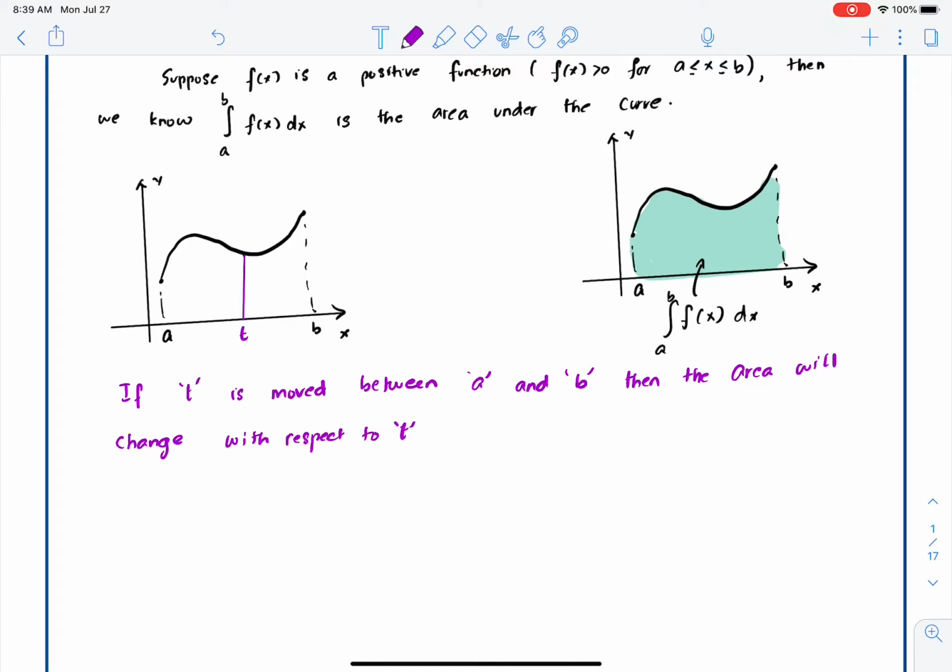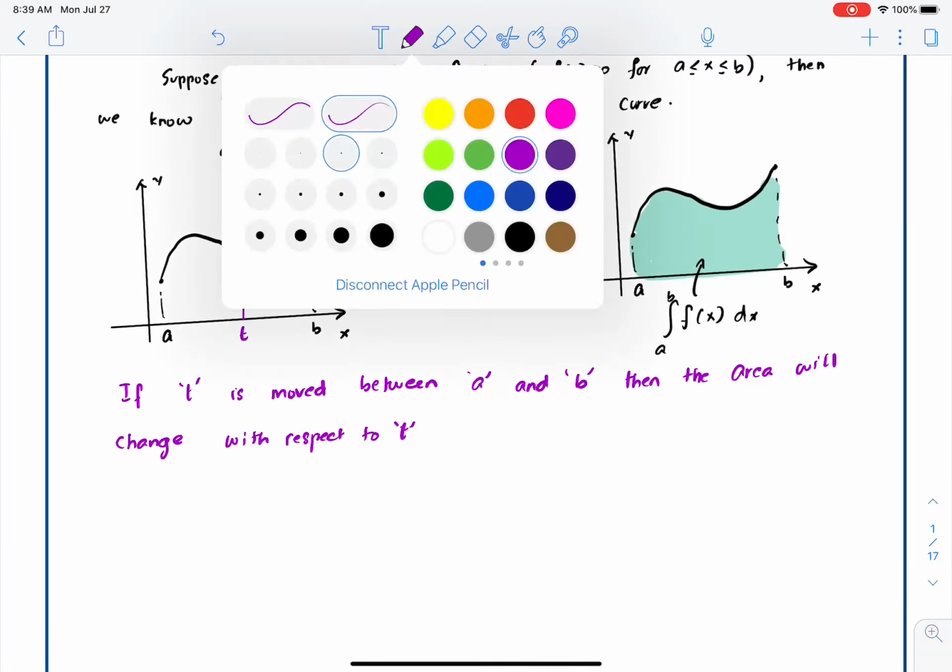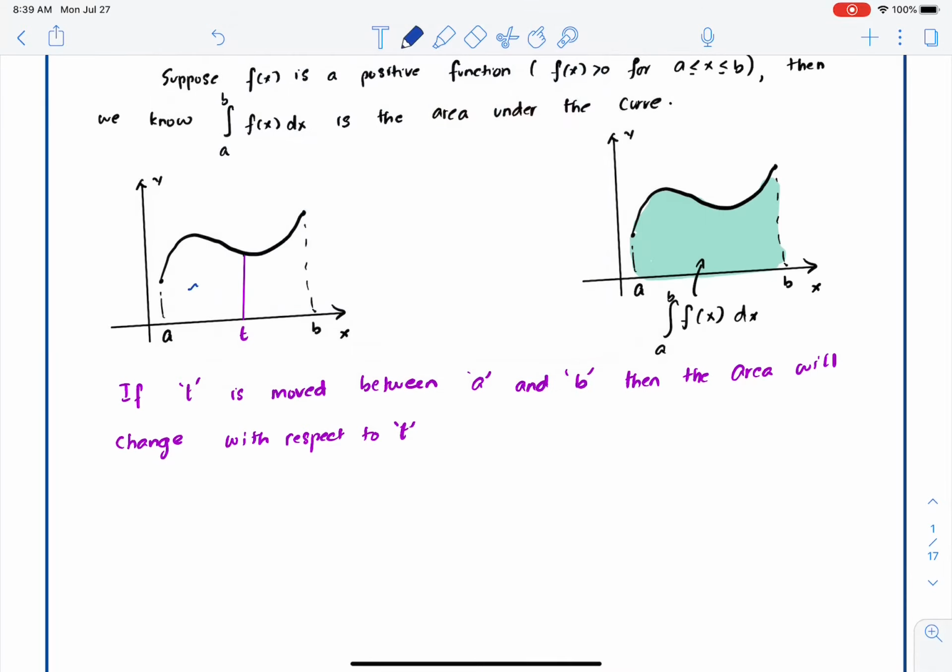So if t is right over there, then the area would be all of that.